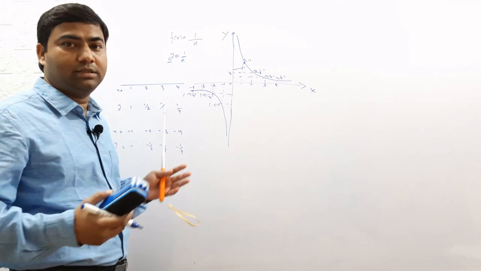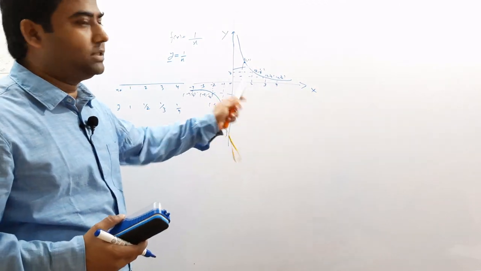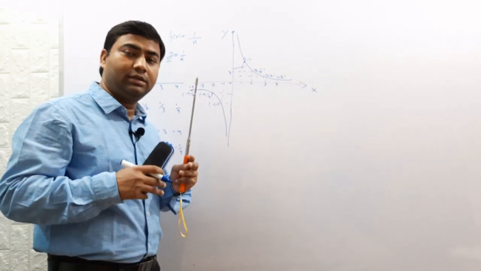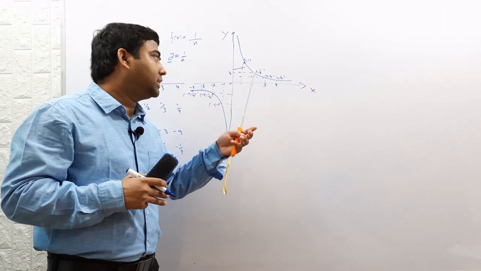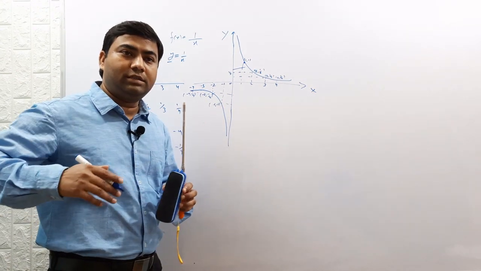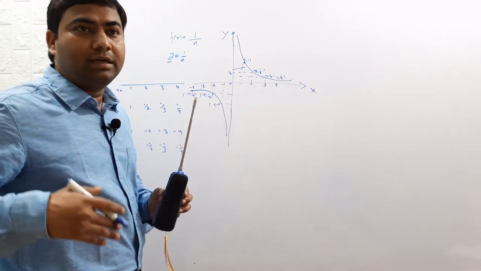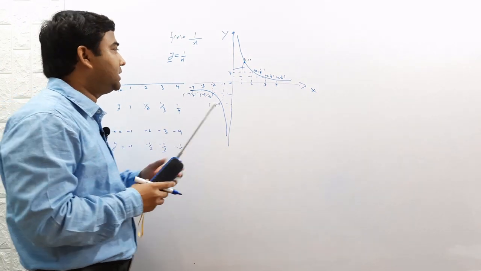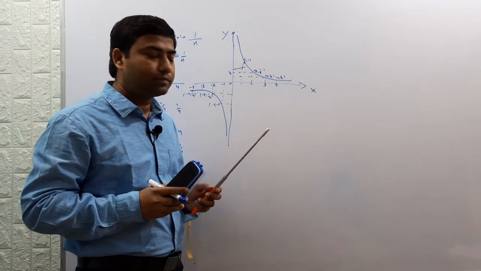No matter how large it is, it will never touch it. So such lines which never touch the particular curve, and which the curve always tends to approach or touch, such lines are called asymptotes.